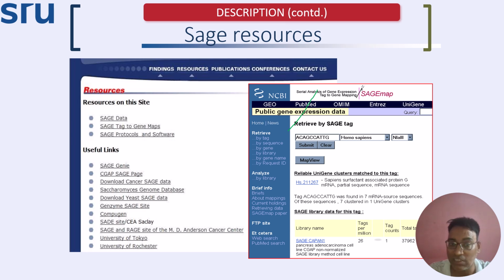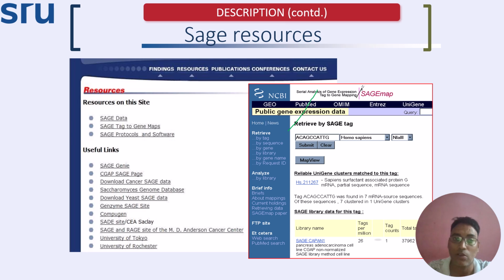I can put the tag sequence here, like Homo sapiens, and I can get the function: total tags, under what conditions a certain tag is expressed, the interlinked research articles, and the key function for each tag. Different analyses can also be done by the NCBI web server, and it is all connected together.